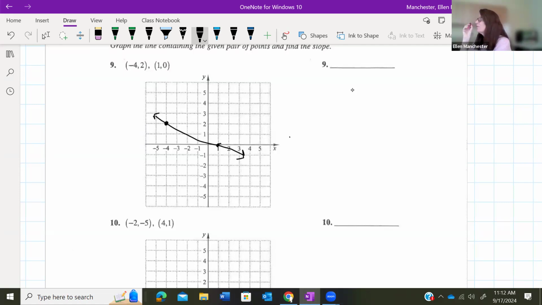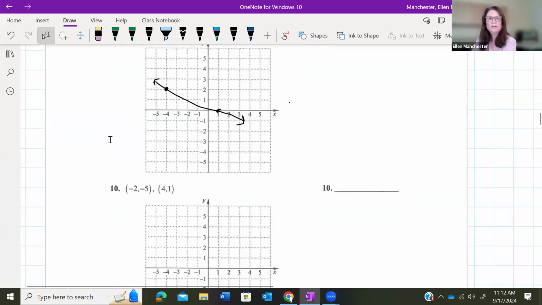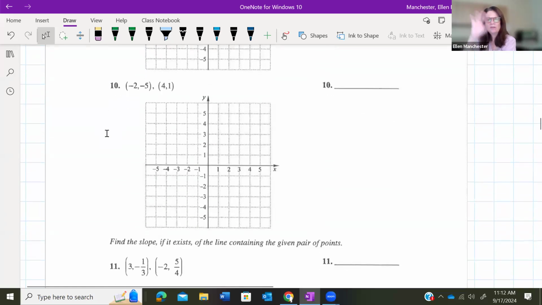And remember, it's a line. A line means it goes on and on and on forever. So there's going to be arrows on either side. It goes through those points and continues on. It will not stop. Okay. So there's one line, and we'll figure out the slope and all of that in the next few classes.